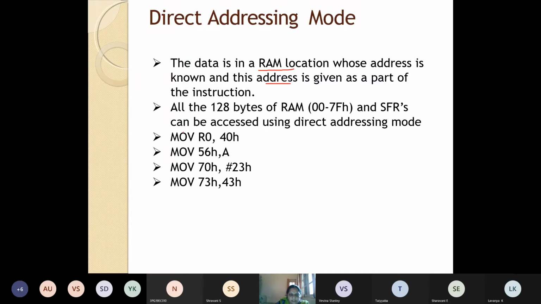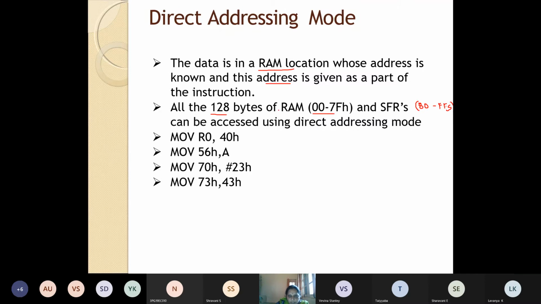Okay, so in 8051 you have 128 bytes of RAM from 00 to 7F, and you have the SFRs, the special function registers, from 80 to FF. All the locations do not correspond to special function registers; only a few locations are used as special function registers.